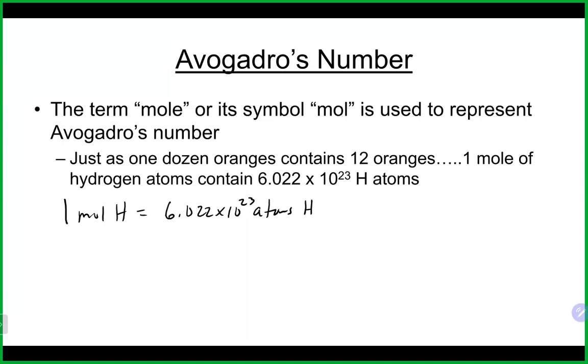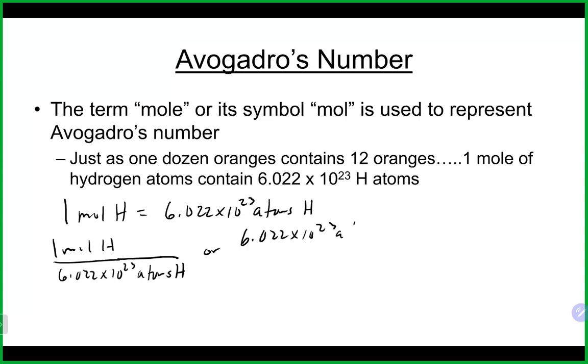And that's going to give me two conversion factors I could use: 1 mole of hydrogen over 6.022 times 10 to the 23 atoms of hydrogen, or you can flip it around, 6.022 times 10 to the 23 atoms of hydrogen over 1 mole of hydrogen. You can do that conversion for basically any element. If you have 1 mole of any element up there, you have 6.022 times 10 to the 23 atoms of that element.